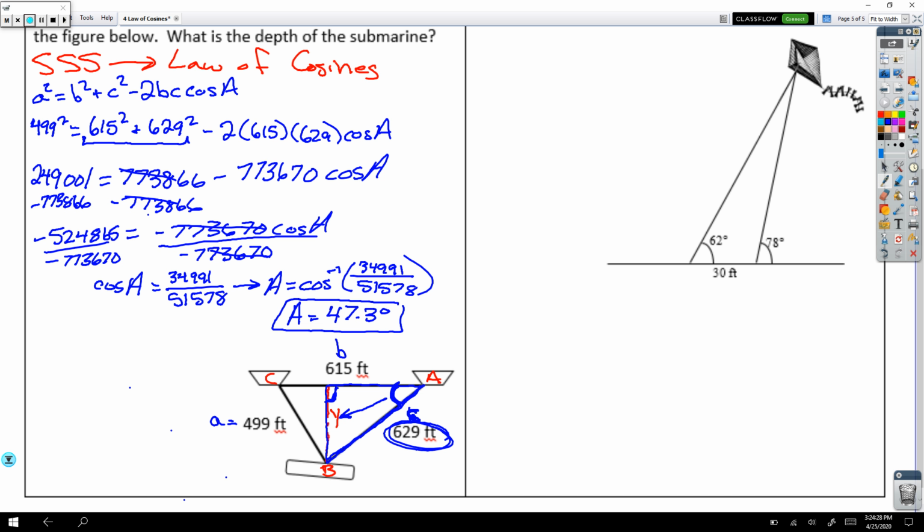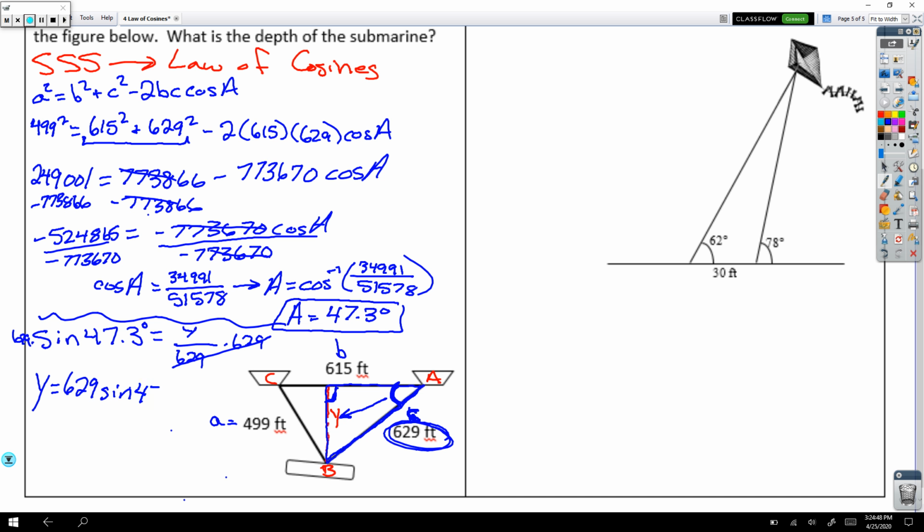So sine of 47.3 degrees equals y over 629. Multiply that over. So y would equal 629 sine of 47.3 degrees. So our submarine would be 462.3 feet deep.